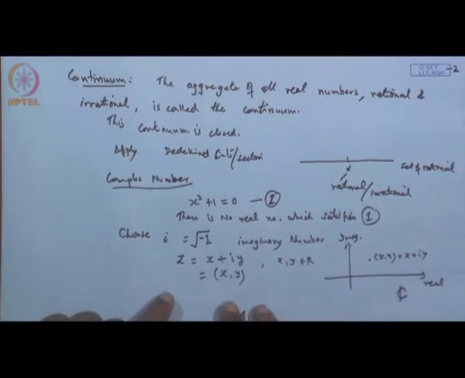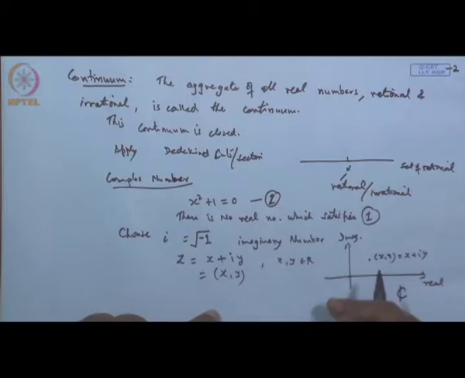Now, this leads to an extended complex number system, the set of all complex numbers, which is an extension of the real numbers, because once you put y equal to 0, it gives you the entire real line. So, it is an extension, no doubt, but the way you have extended the real numbers is entirely different from Dedekind's method.